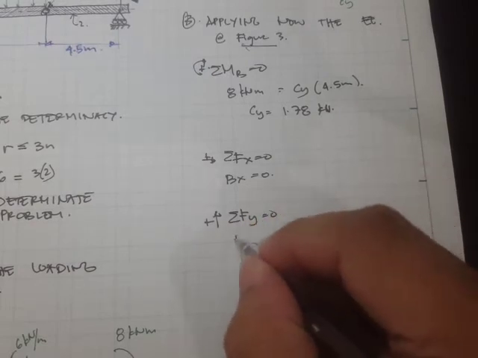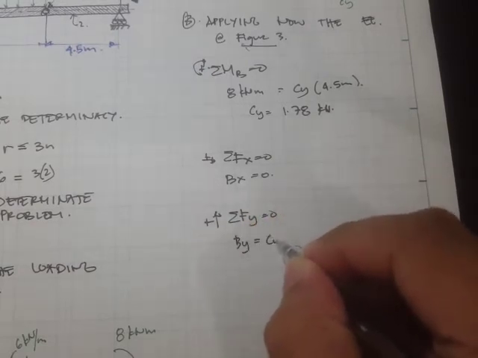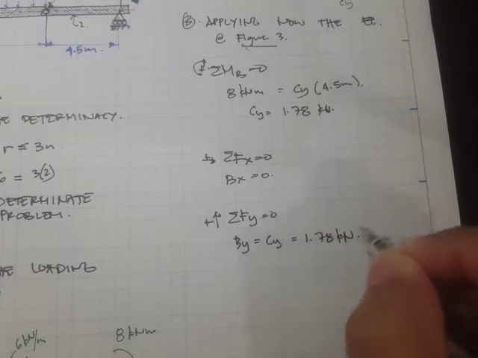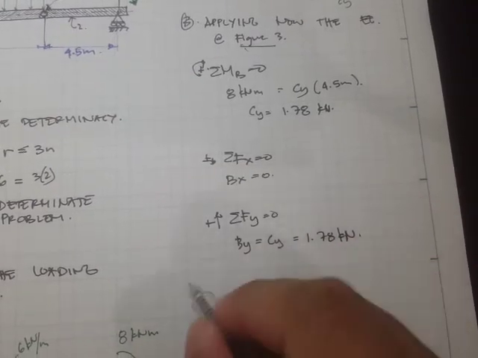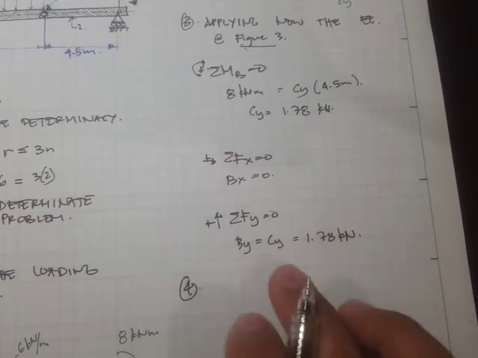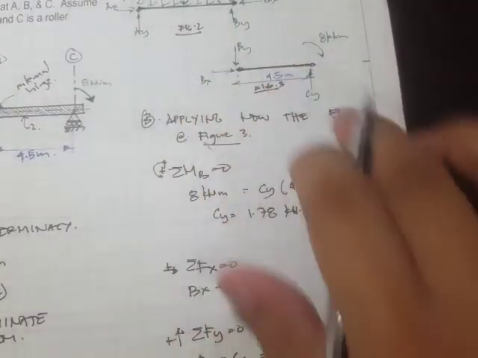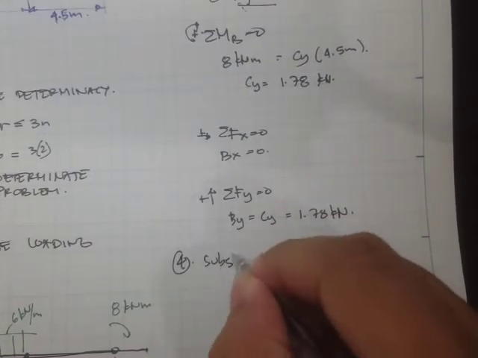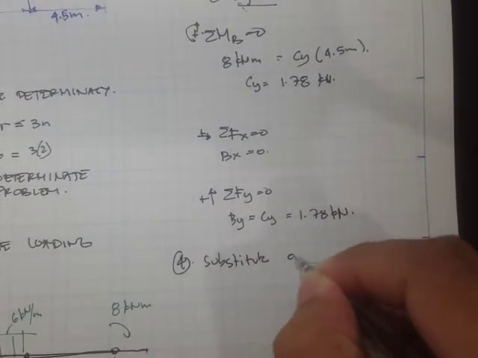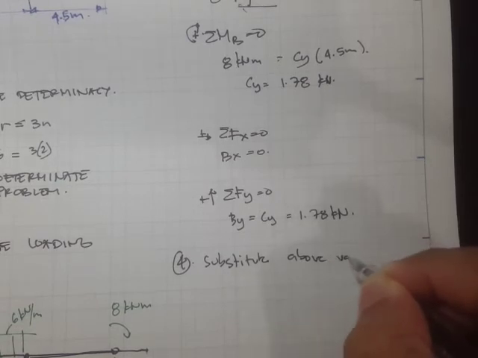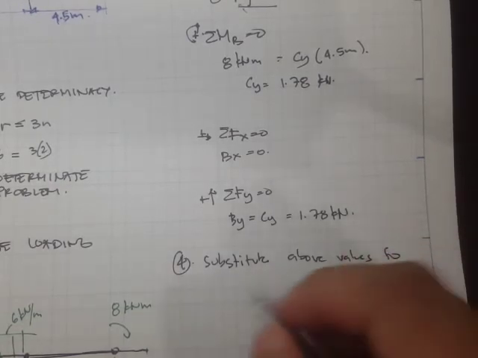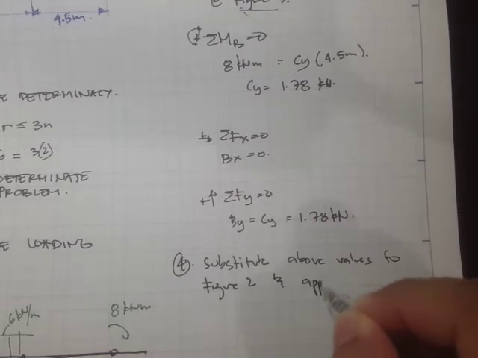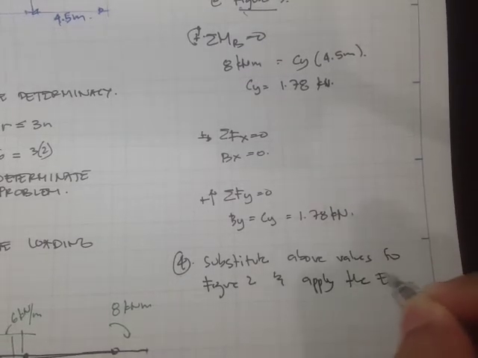So By is just equal to Cy, which is equal to 1.78 kilonewtons. Okay, so now we have the values here, the Bx, By. Then we can just substitute the above values to figure 2, and apply the equilibrium equations.